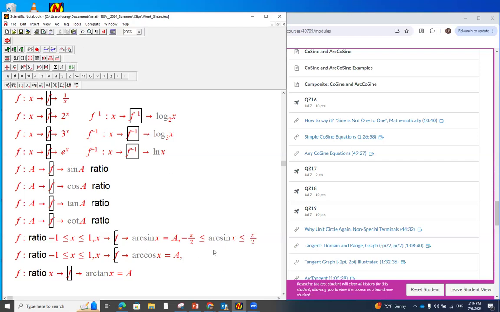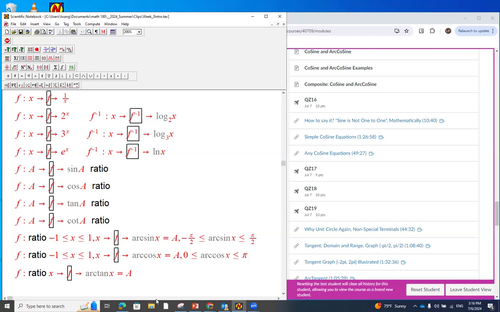And for arccosine, however, we have covered all of those details, it is between 0 and pi.